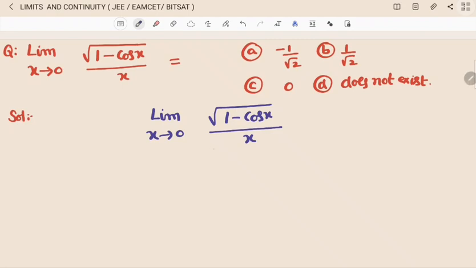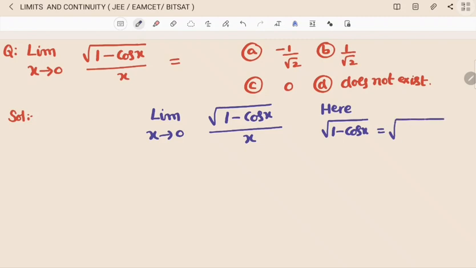So you need to calculate left hand limit at x is equal to 0, right hand limit at x is equal to 0. And here I am mentioning root 1 minus cos x. 1 minus cos x can be written as 2 sin square x by 2.